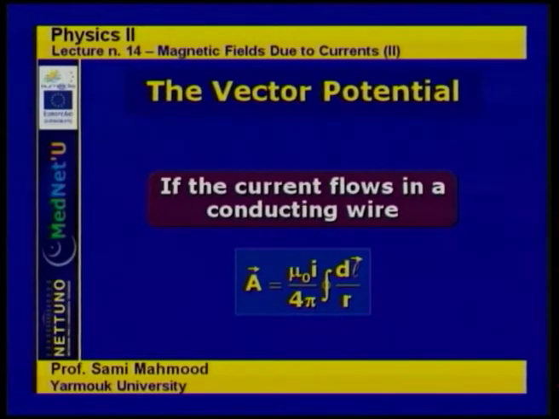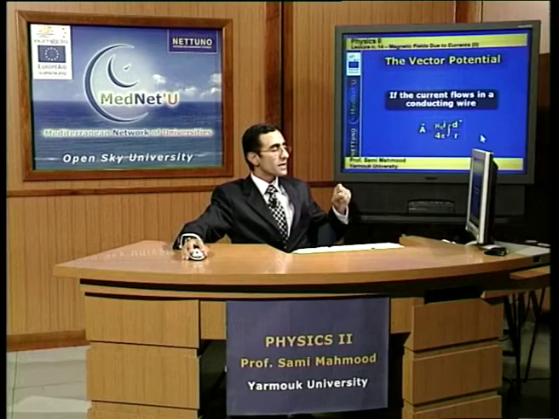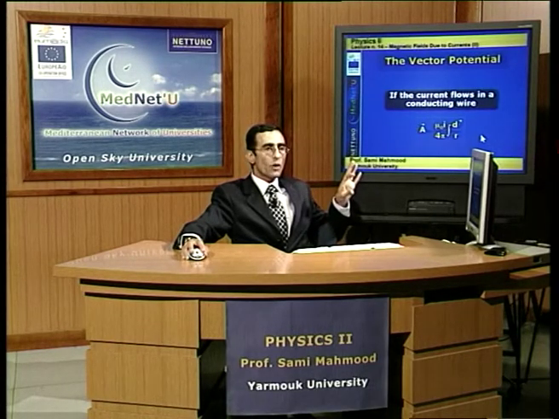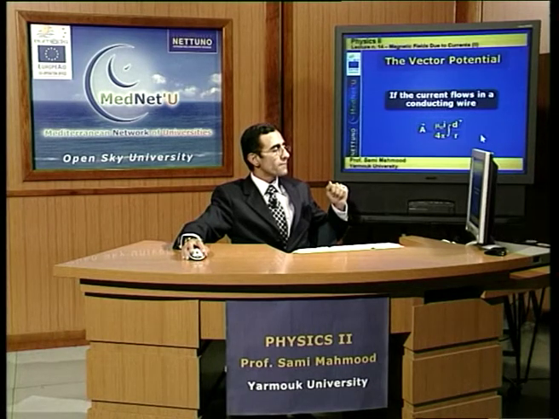And then we can rewrite A is equal to mu naught I over 4 pi times the integral over the wire carrying the current, dl, which is an element of the wire, over R. This gives another formula for the vector potential by a wire carrying current I.